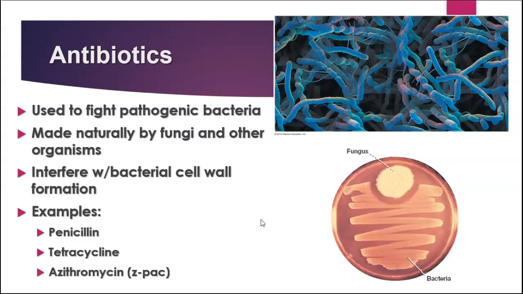They didn't become widely available until after World War II. They were used during World War II mostly to fight battlefield infections, and after the war, they became much more common in everyday medicine. This is why most of you have probably had an antibiotic at least once or a dozen times in your life.